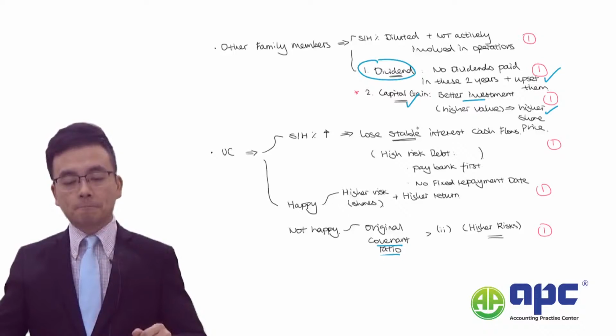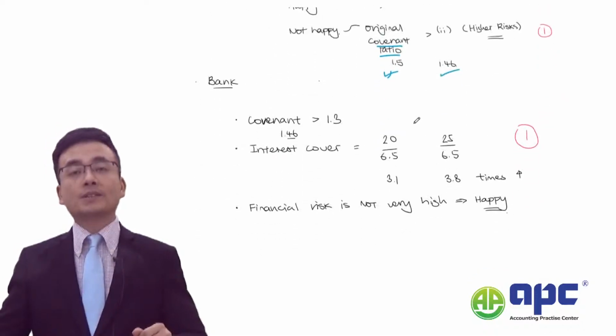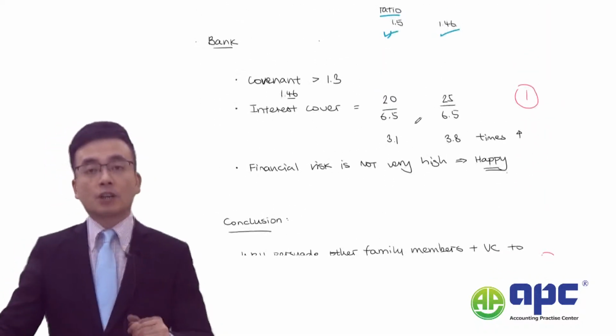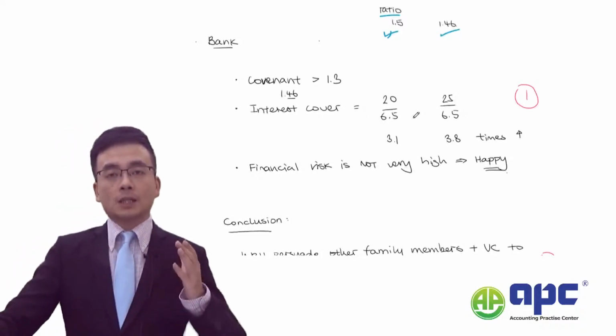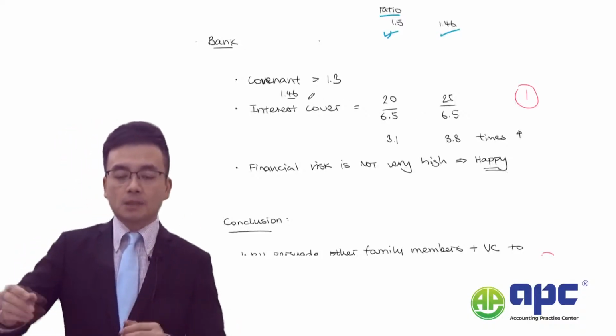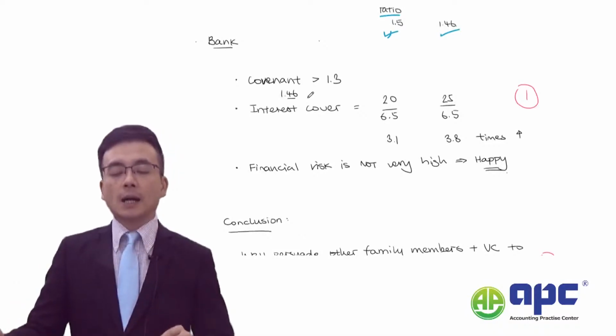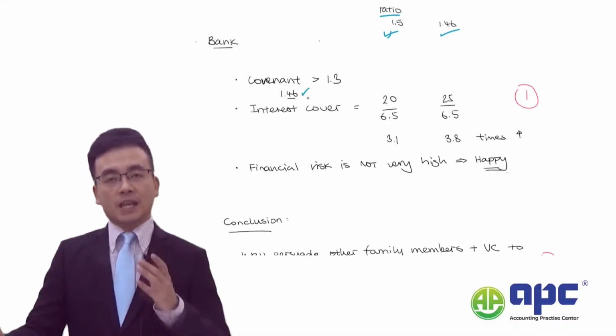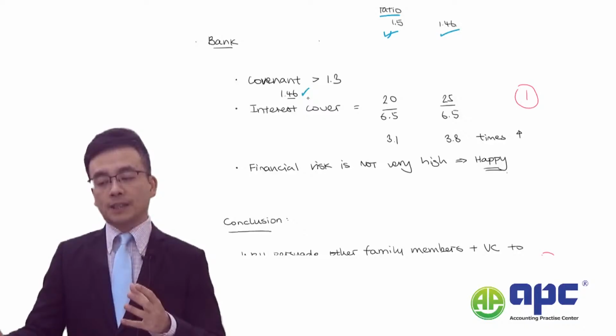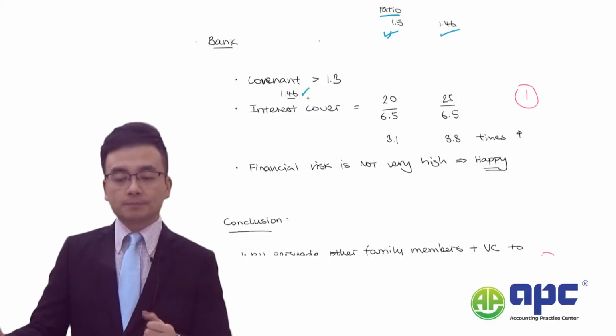How about the bank? Now, the bank, as we can see, the covenant's target is 1.3, but with the refinancing scheme, the covenant will not be breached because the equity over non-current liability is 1.46.